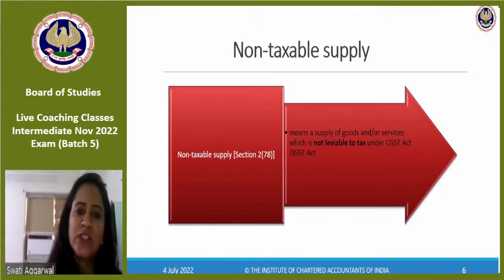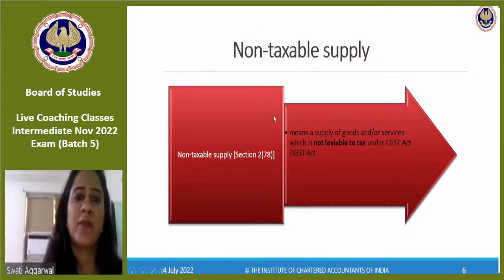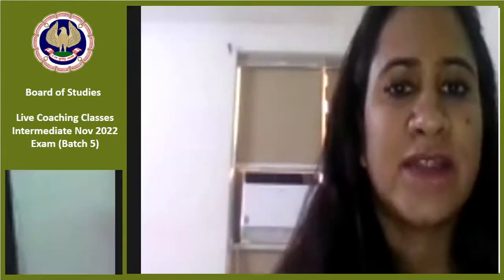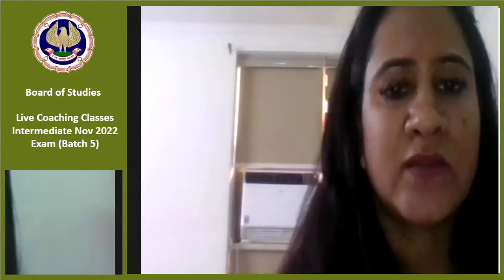So the supplies which are not at all leviable to tax, those are also considered as exempt supply. They are non-taxable supply, and non-taxable supply are included in the definition of exempt supply. So this is the point where generally students commit mistakes.